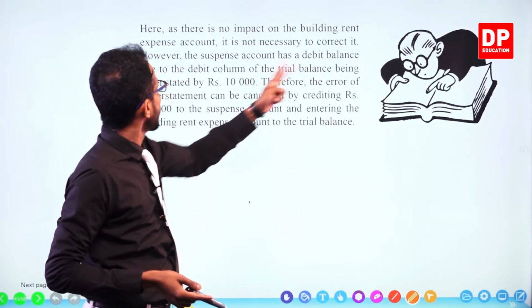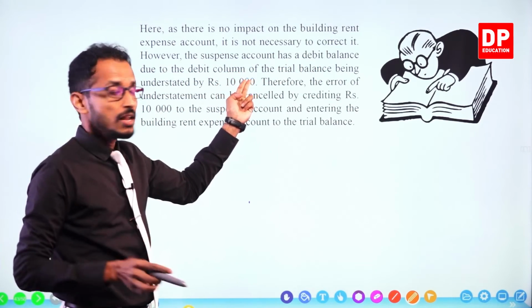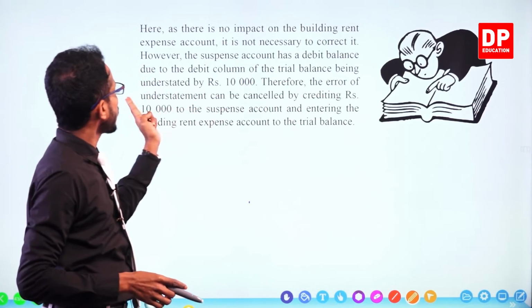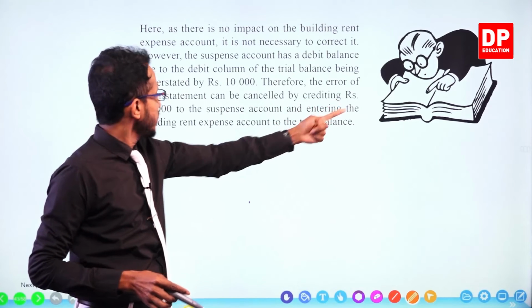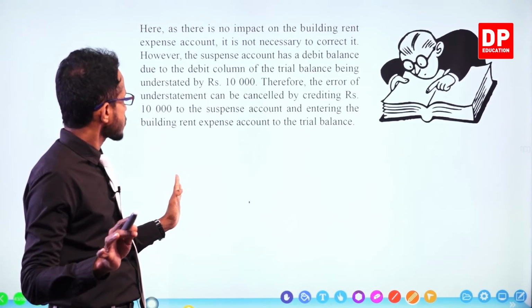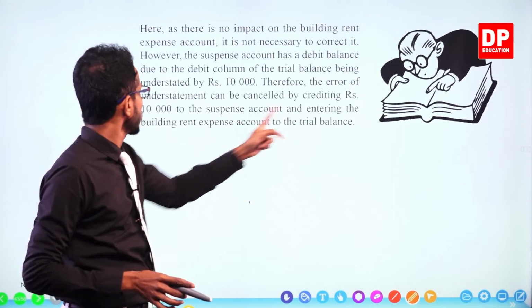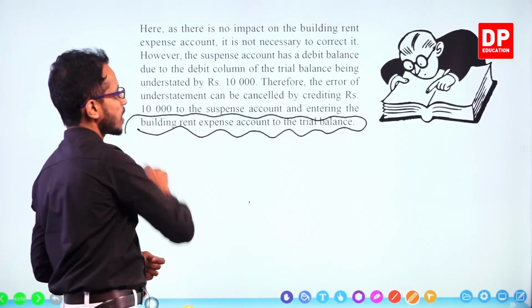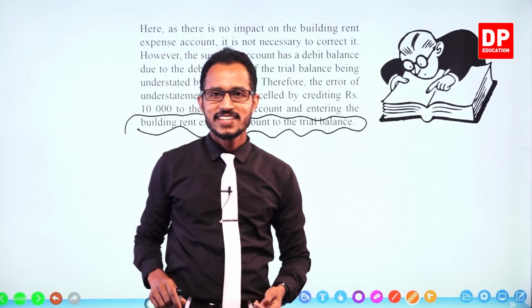The suspense account has a debit balance because that is the shortage in the trial balance. Therefore, the error of understatement can be cancelled by crediting the suspense account and entering the building rent expense account to the trial balance. That's it.